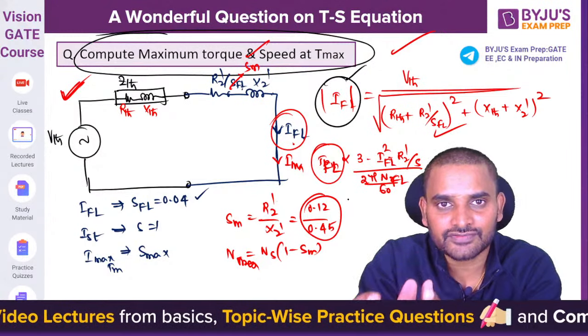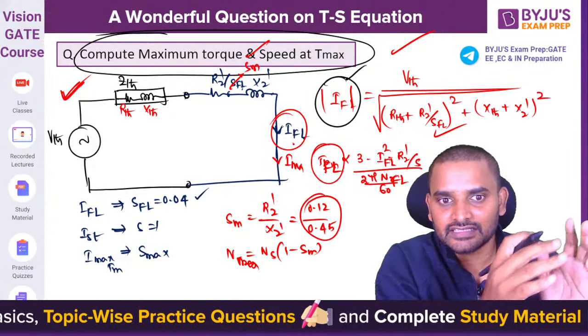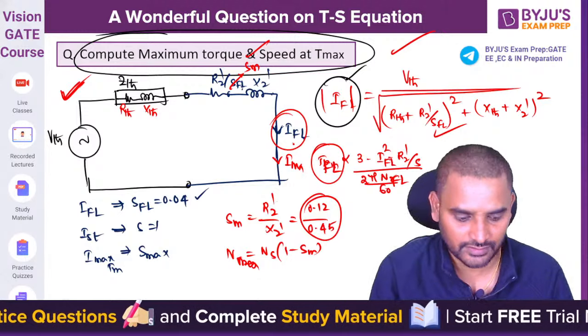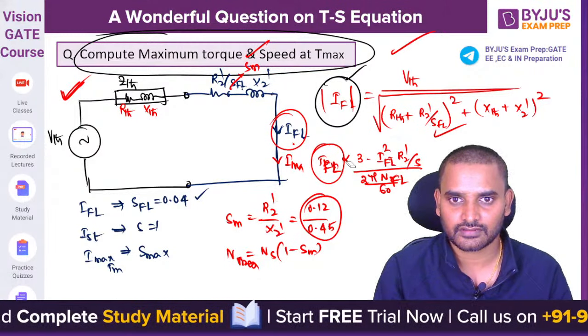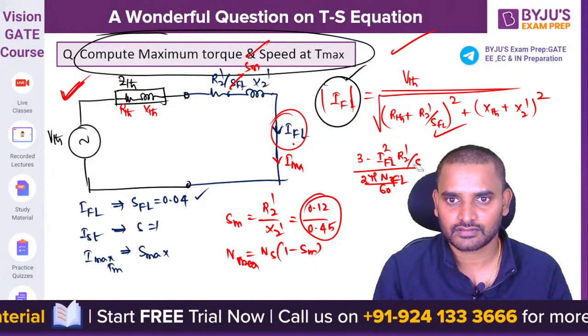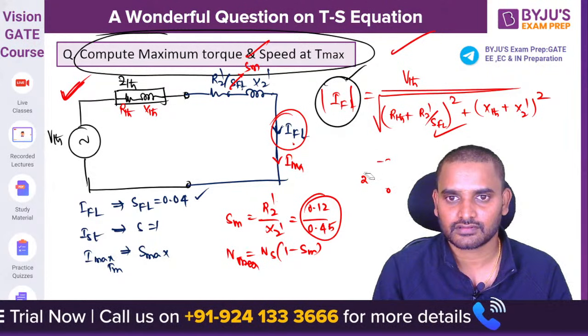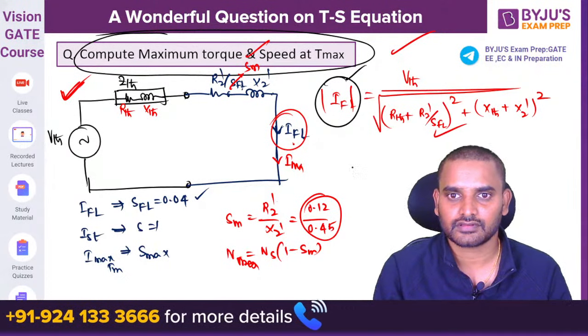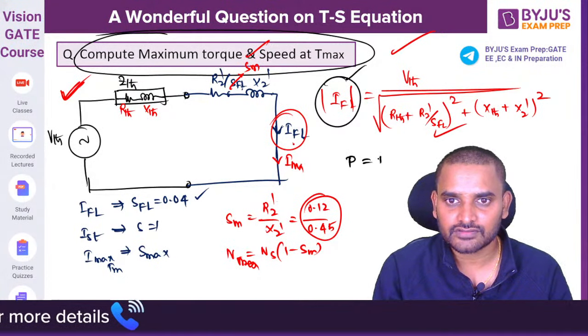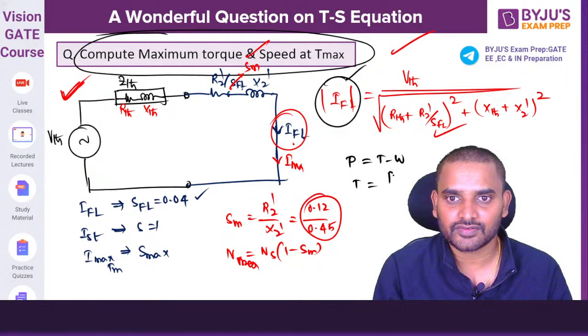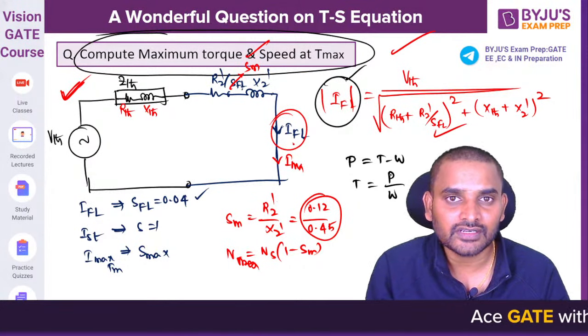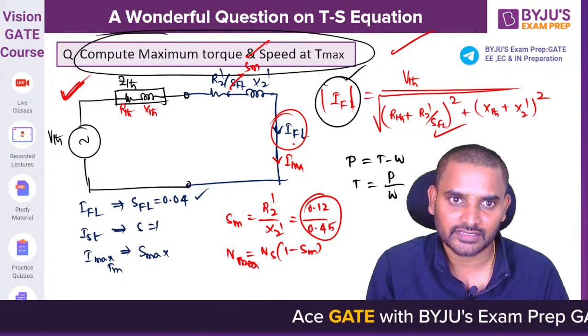Now you substitute this full load current equation in the torque equation. What is the torque equation? Power is equal to torque into omega. Torque is equal to power by omega. So this power you can take as the power supplied.